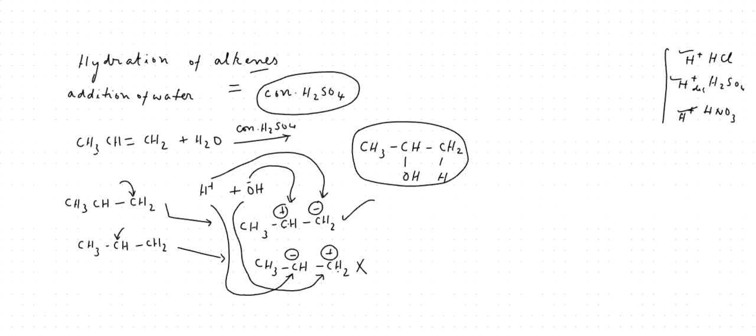So the alcohol formed is a secondary alcohol, where the OH group is attached to the second carbon and the hydrogen goes to the CH2. Suppose the same reaction is carried out in the presence of peroxides.